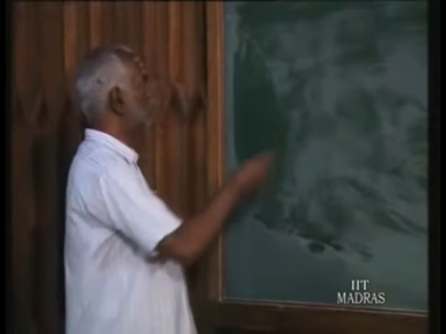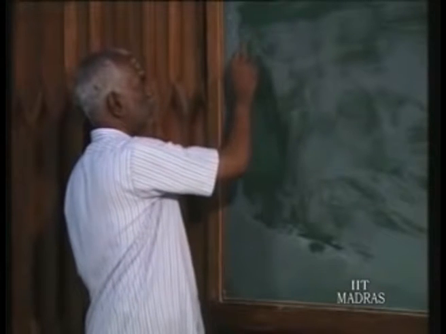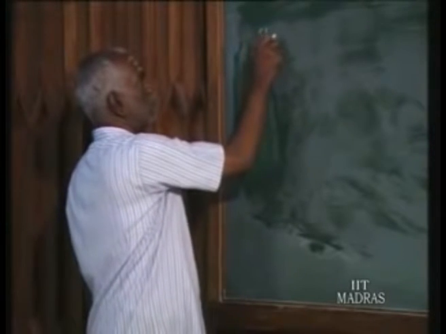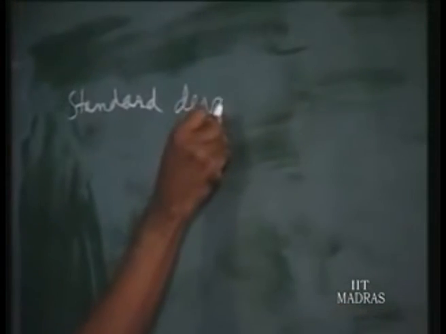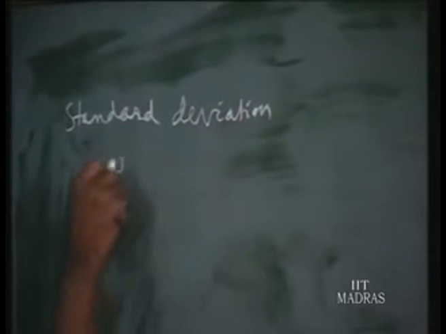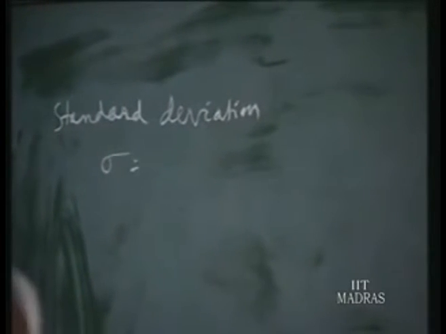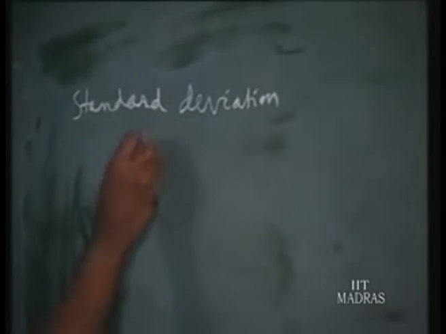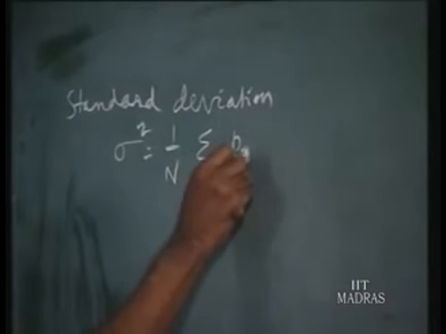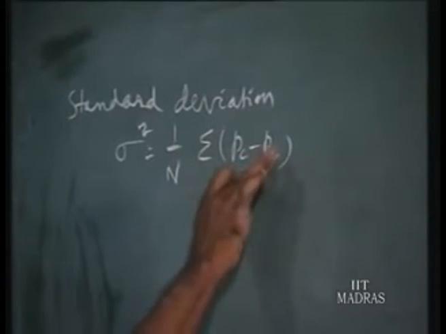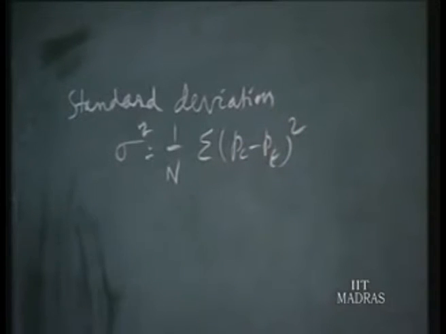For that we have to use the standard deviation, that is sigma. This is what we have to find out for a given set of readings. If sigma is the standard deviation, then sigma square is equal to 1 by n sigma of (Pc minus Pt) the whole square, where Pc is the corrected value.